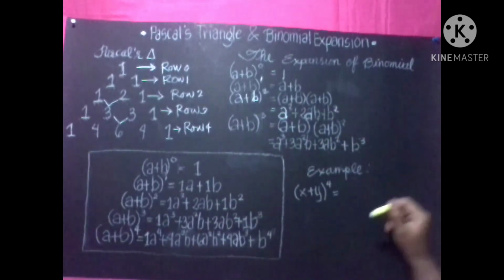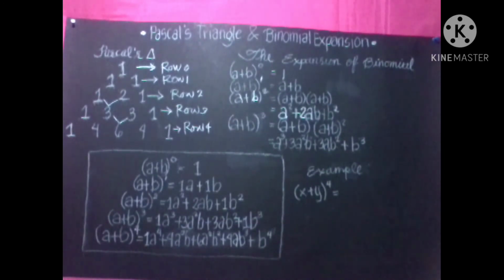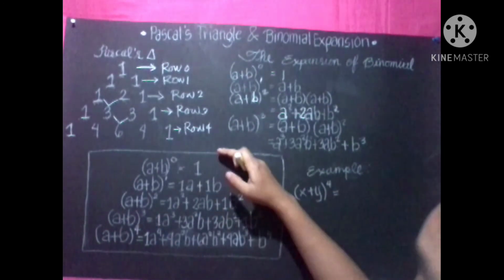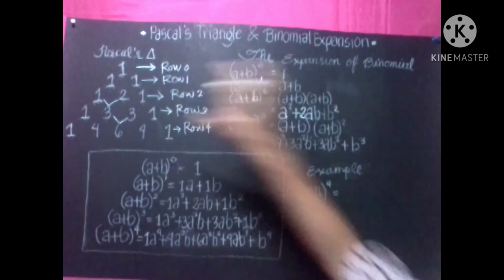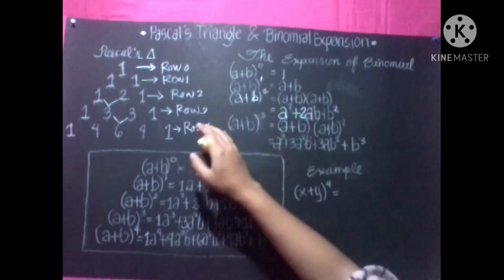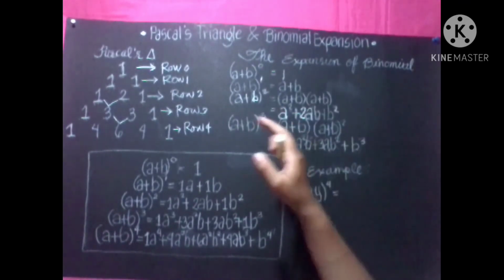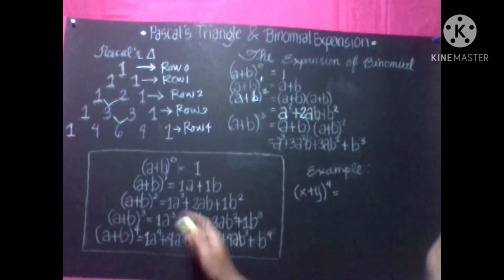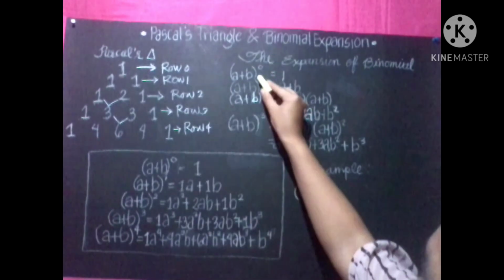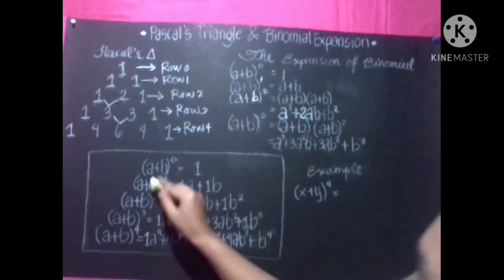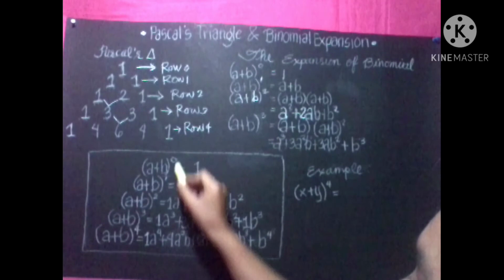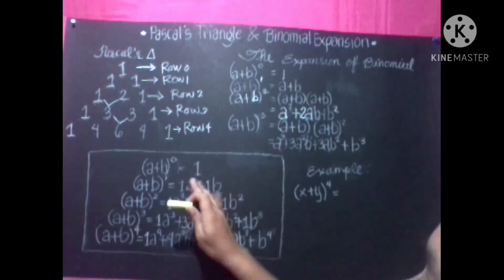So that's it. Right now I'm going to make this table in order for you to understand these two concepts about Pascal's triangle and the connection of the binomial expansion to it. As we all solve this, (a plus b) raised to the power of 0 equals 1.